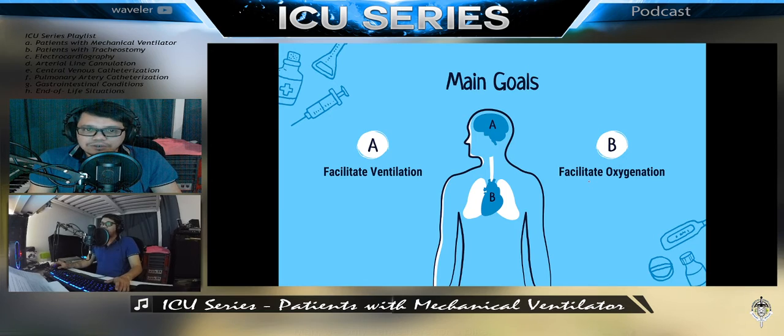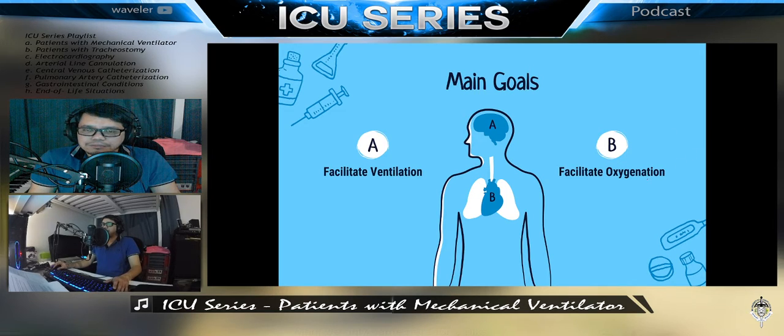Okay, what are the goals of mechanical ventilation? Actually, the two main goals are to facilitate ventilation and to facilitate oxygenation. How does it facilitate ventilation? It helps in the gas exchange in the alveoli by increasing the rate of breathing and the tidal volume. Average tidal volume for an adult is roughly 500 mL, or 7 mL per kg.